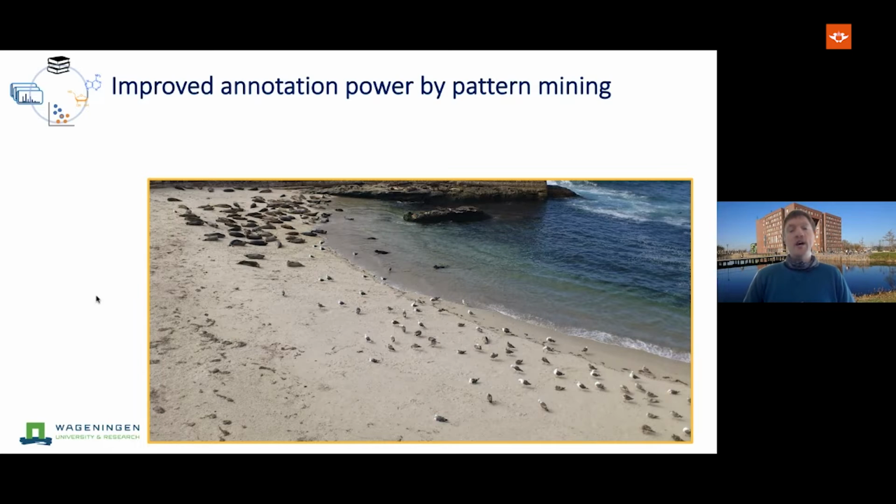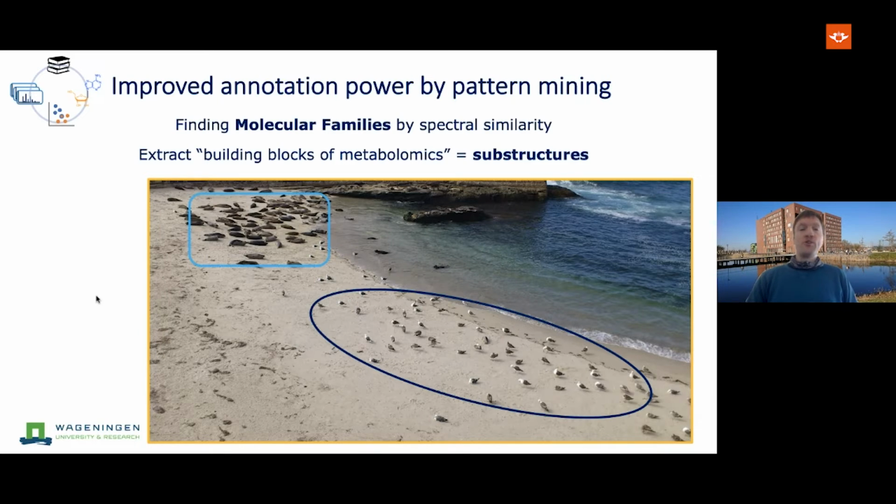and we can use that to find patterns. And this picture I took near a beach near San Diego when I visited the Dorrestein lab. And I took this picture for one reason, right? Because within a few seconds, my mind saw two groups. Humans are really good at finding these patterns when it comes to this kind of animals, right?